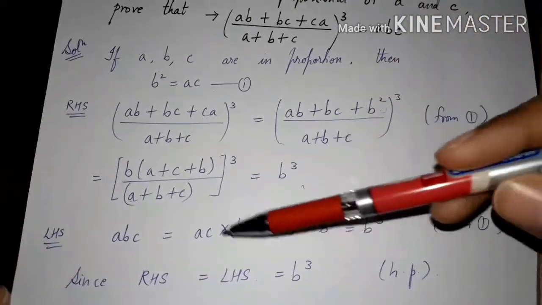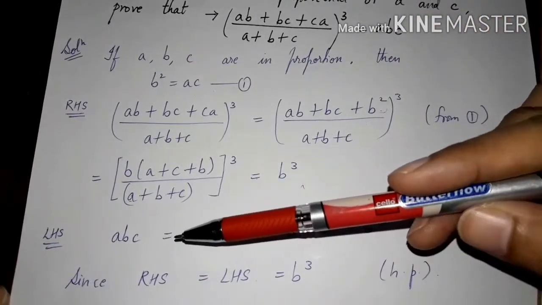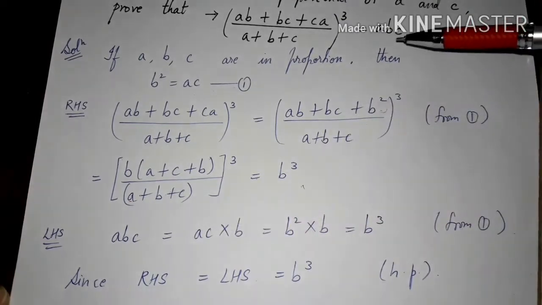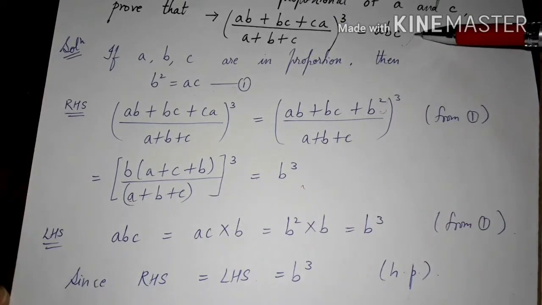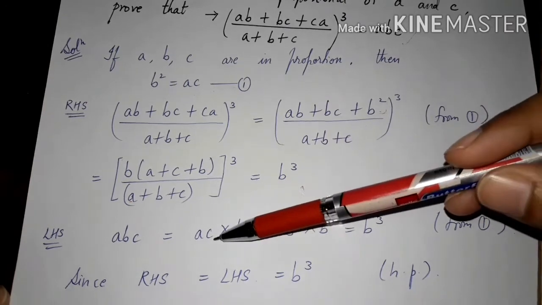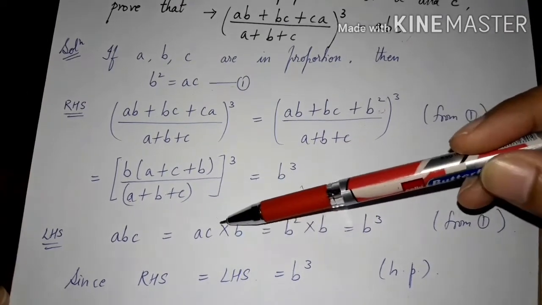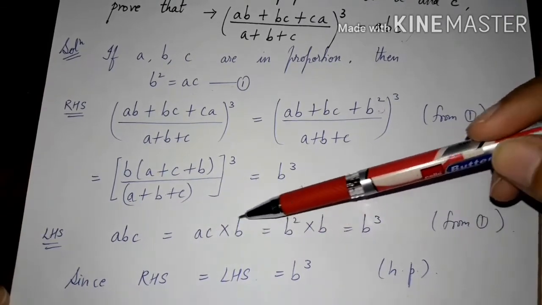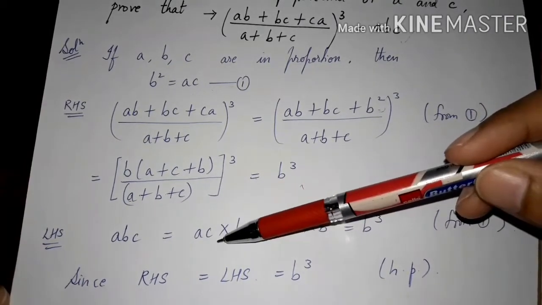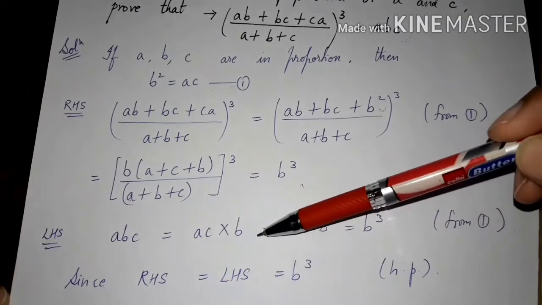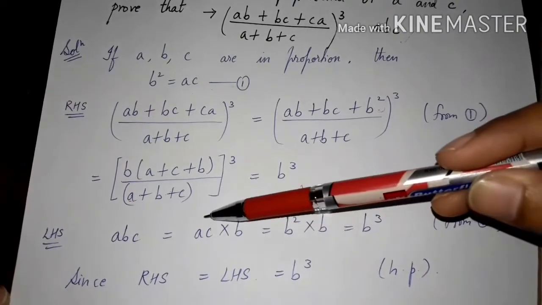Now see the left hand side. What will we get in the left hand side? We have ABC. Now AC we are taking separately and B on the other hand, so ABC can be written as AC into B. And what is AC?